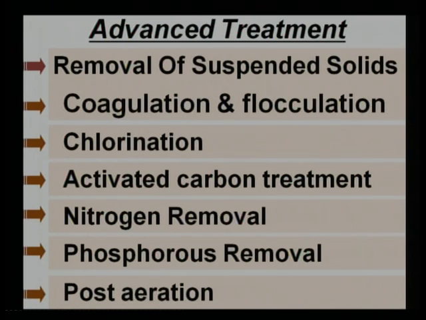Then nitrogen removal, phosphorus removal and post aeration. These three are other steps of the advanced treatment. In this, what exactly is nitrogen removal? We know very well what nitrogen is. Nitrogen is present in each and every organism and in each and every component also. So in wastewater, whatever debris is there contains nitrogen in high amount.